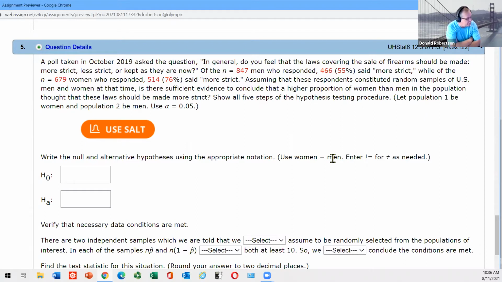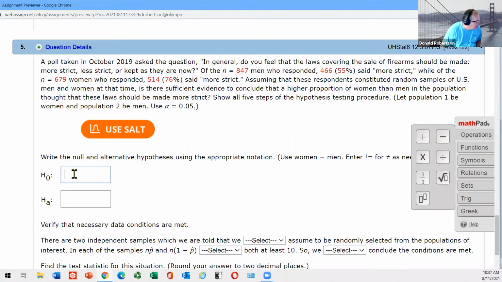Assuming that these respondents are random sample of all men and women, is there sufficient evidence to conclude that more women than men thought that they should be stricter? Yeah, 76 to 55 seems reasonable. And they're using, because they're really boring, 5% again as their significance level.